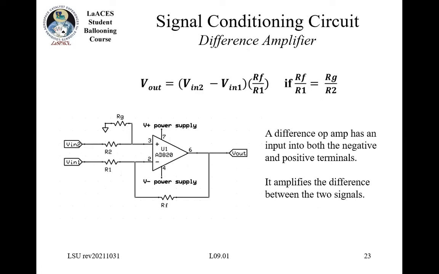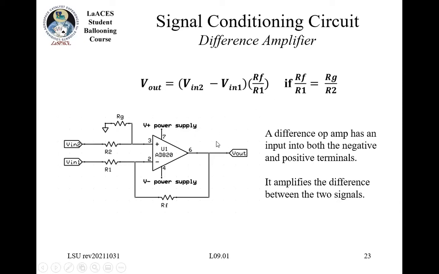Another common one is a differential amplifier, or a difference amplifier. What this is actually going to amplify is the difference between my two input voltages. So again, feedback resistor back to one of the inputs, and then these two input resistors.